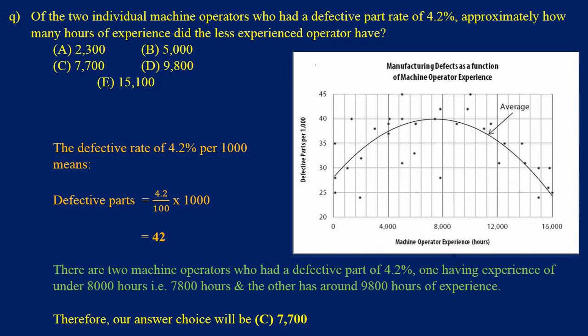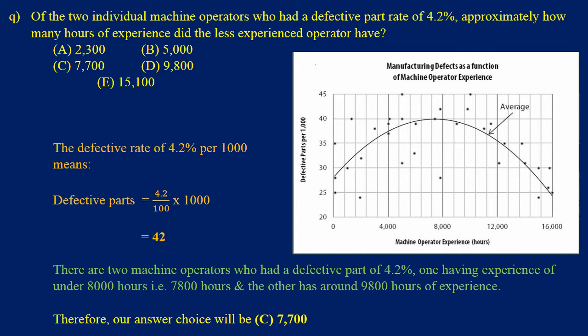If you look at the graph, one has a machine operator experience of less than 8,000 hours, as you can see in the graph. And the other has somewhere between 9,500 to 10,000 hours of experience.